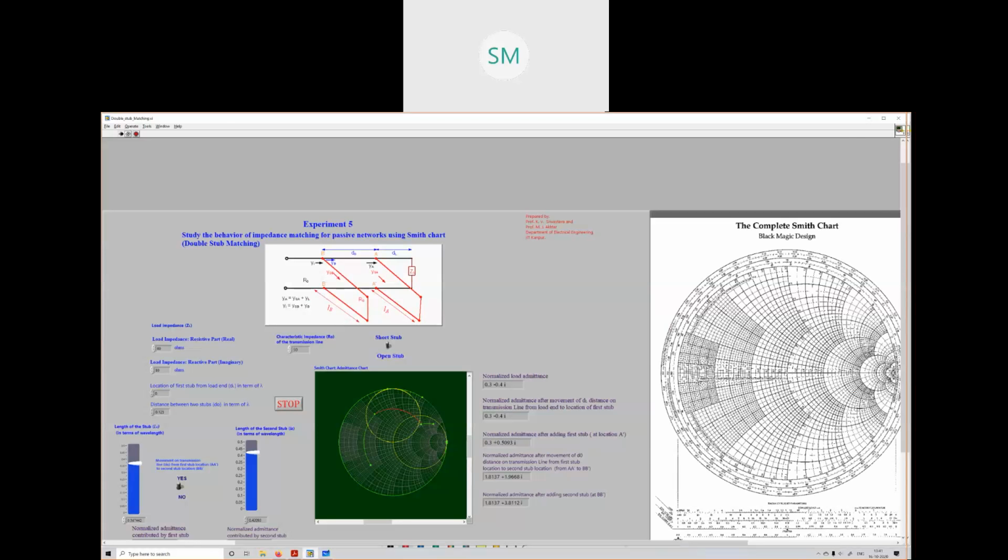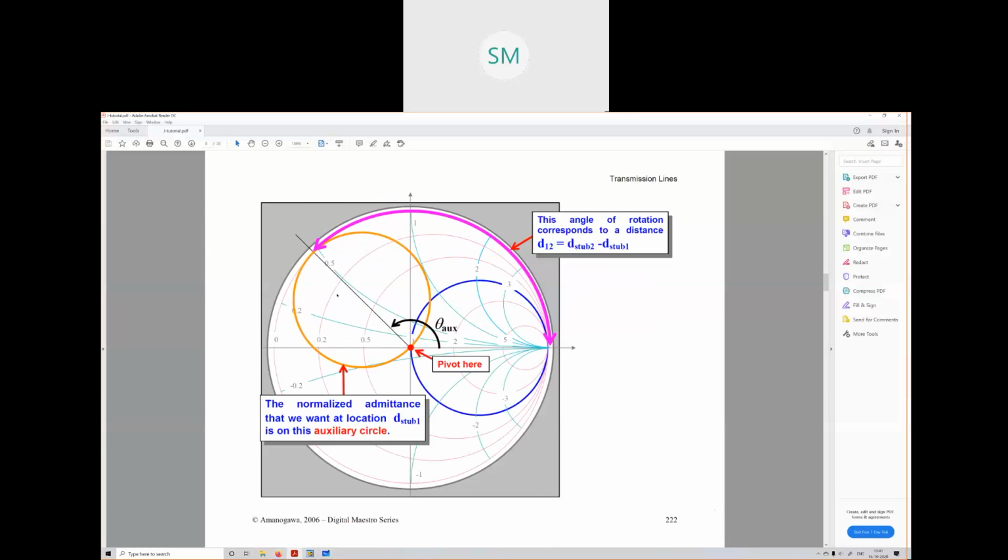See here, if we move along the line towards the generator or away from the load, we are moving in the clockwise direction. Since we are moving away from the load on a transmission line, we are moving in the clockwise direction. Correct? As we just told.